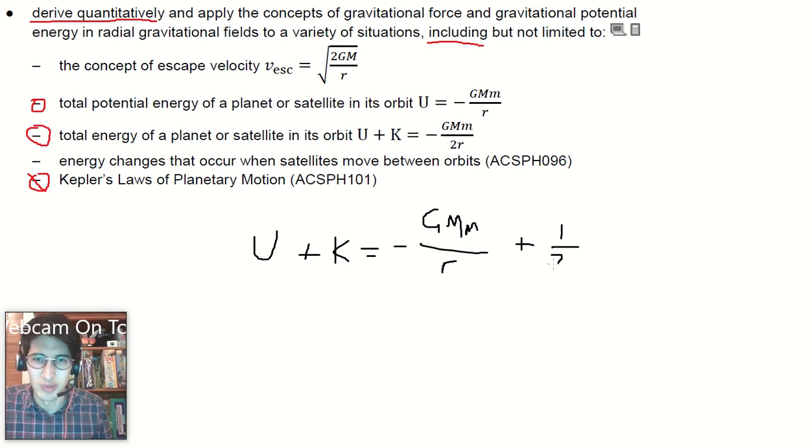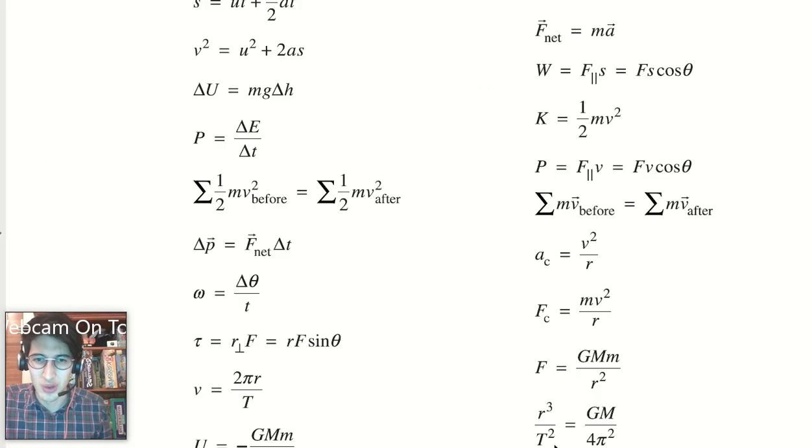You would have learned that from your prelim course. Half mv squared is kinetic energy. Now, we need to find something that's going to change this half mv squared. Somehow it's going to have to merge with what's going on in here. Okay, so we can pull up our formula sheet and try and look for what the answer is going to be.